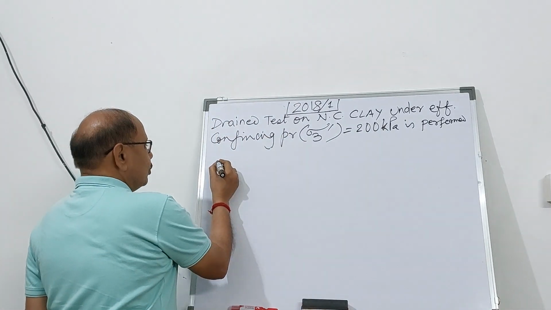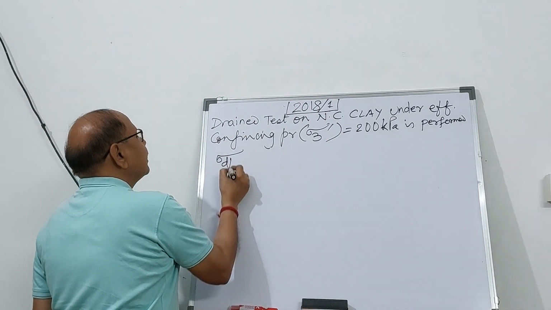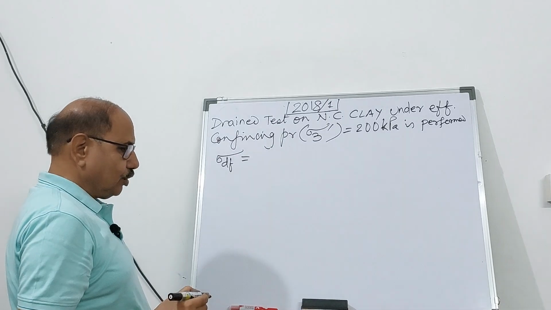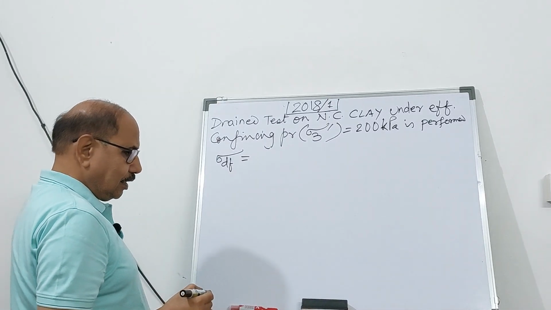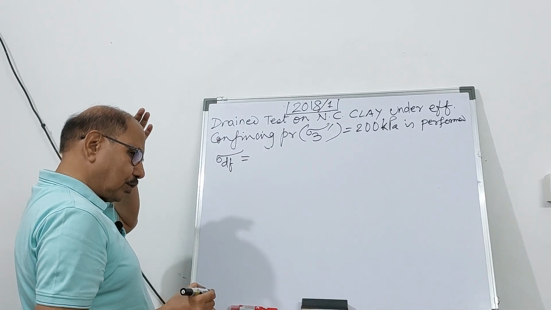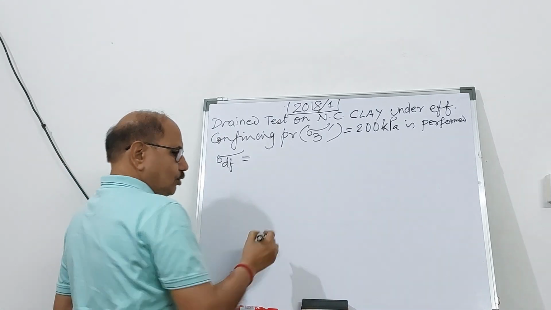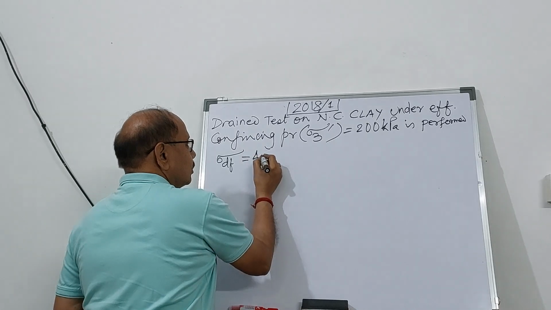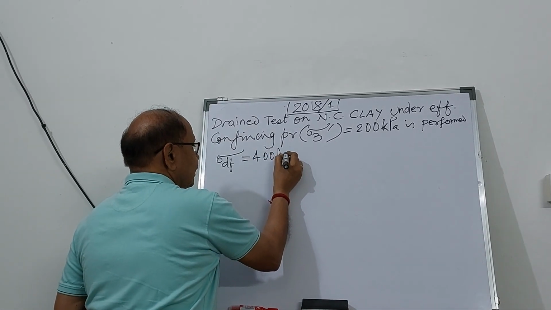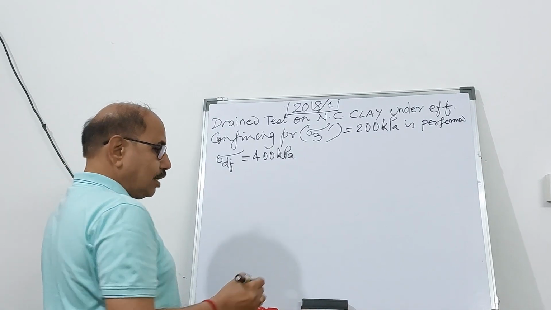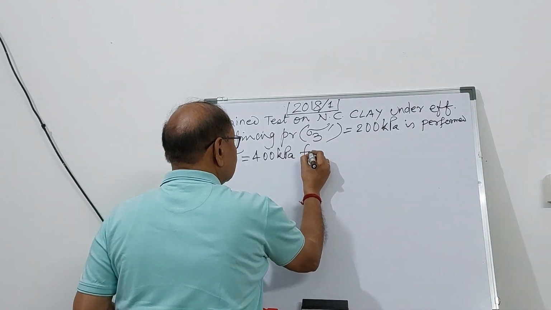Sigma d at failure, the deviatoric stress at failure of this normally consolidated clay sample, is given to you as 400 kilopascal for specimen 1.